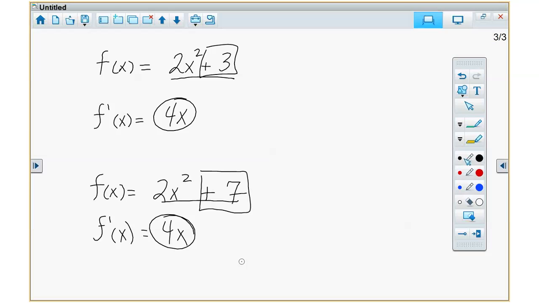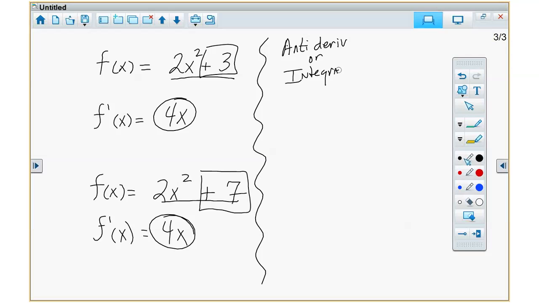So, what is the antiderivative rule? The basic rule is, kind of like the power rule, if I give you the integral of 4x dx. That means that I've taken the derivative of 4x, and I want to find the antiderivative.